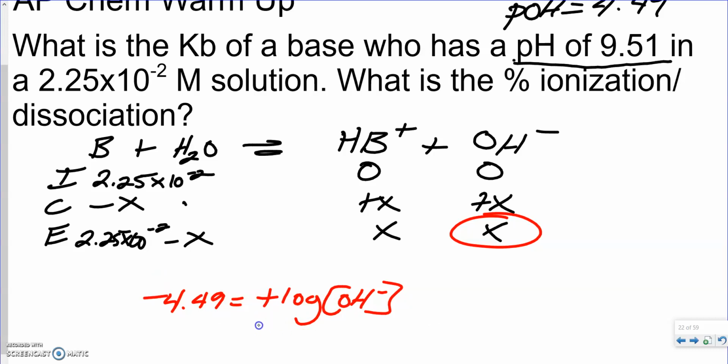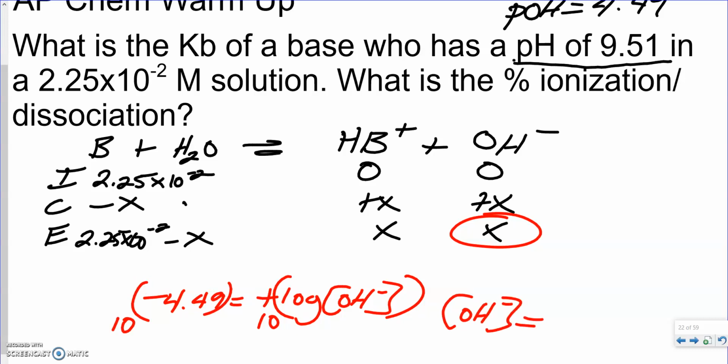Inverse log is 10 raised to the negative 4.49. And that's going to give us a hydroxide ion concentration equal to 3.24 times 10 to the negative fifth.